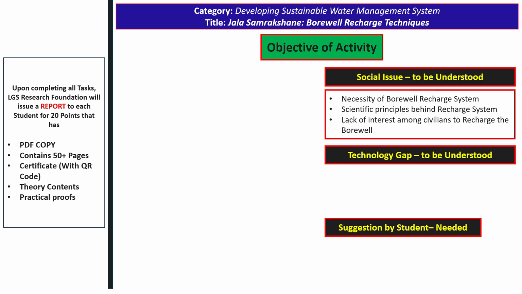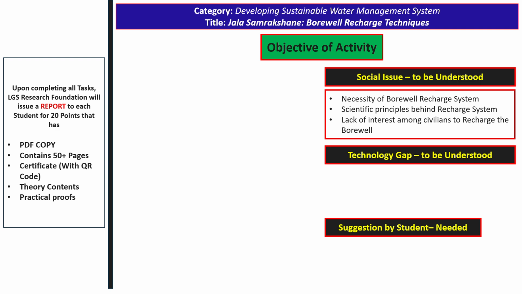Approximately 60 to 70% have a borewell system as the water source, and these borewells extract water from the groundwater table, but the majority of us are not recharging the groundwater. That means we use the water and leave it to the drainage system.